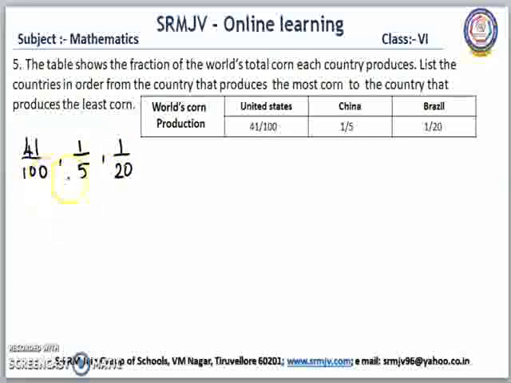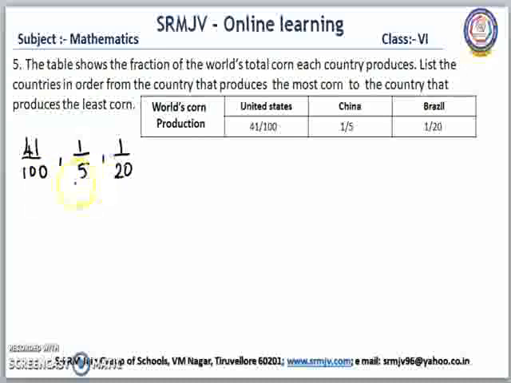Now, see the denominators. These fractions are unlike fractions. First, we have to change the fractions into like fractions. One method is, we can find the LCM. Okay, now we are having a denominator 100, a multiple of 10.